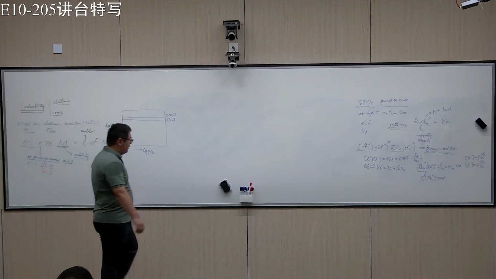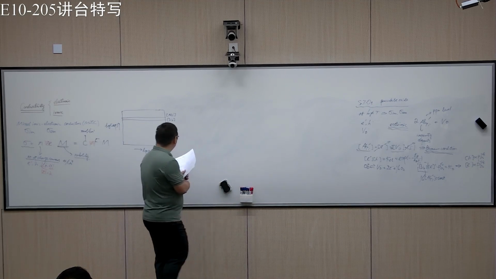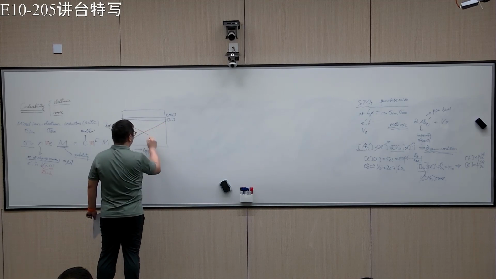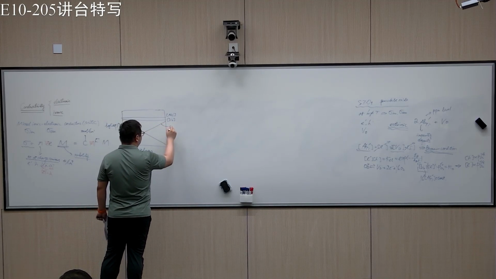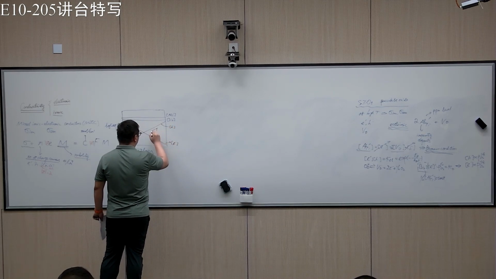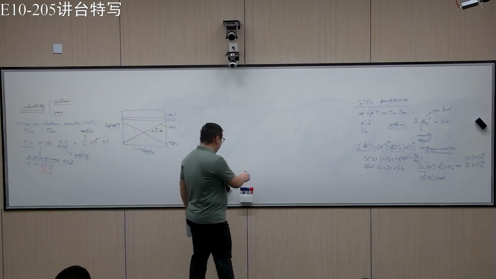Then we have, so this should be a hole. It should be electron, and it should be 1/4. Okay. Right. No problem with that. Any questions? No? Okay.